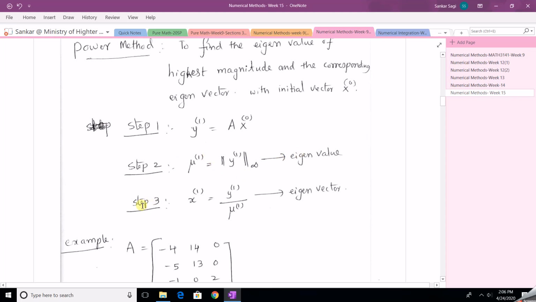And thereafter, in the third step, we divide this vector y1 by the eigenvalue. The eigenvalue we are calling mu1. So we divide y1 by mu1 to get a vector, we call it x1. That will be the eigenvector. So we got mu1 as the new eigenvalue, and x1 is the new eigenvector.